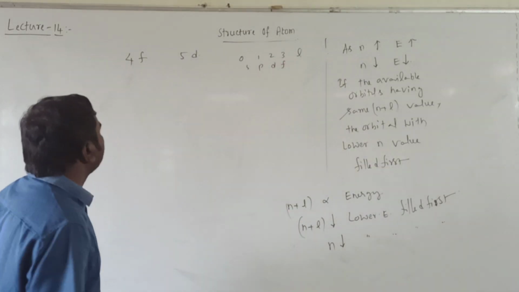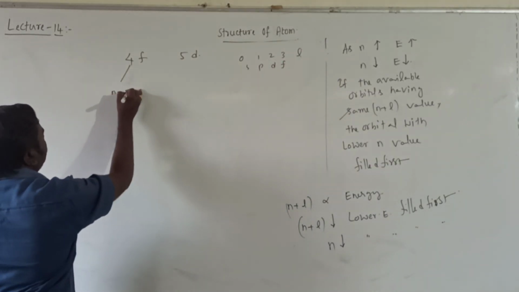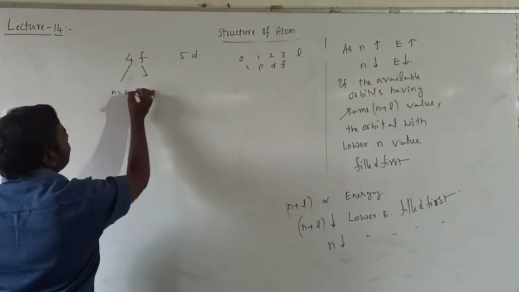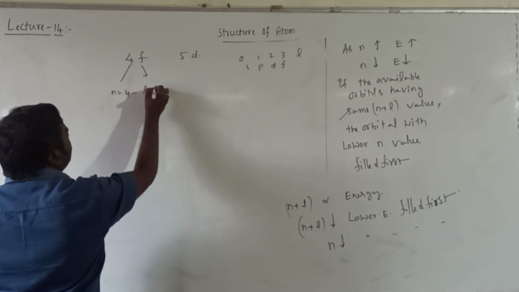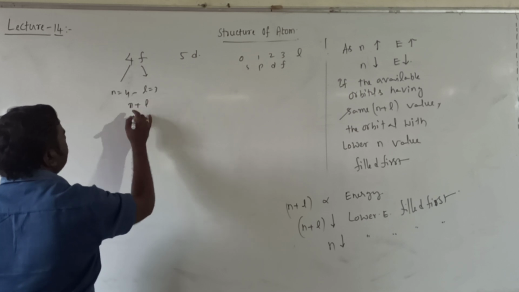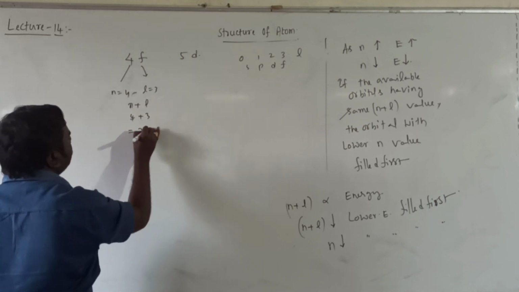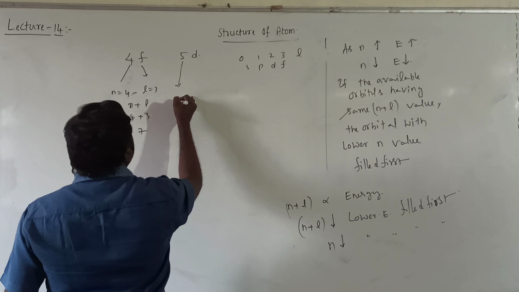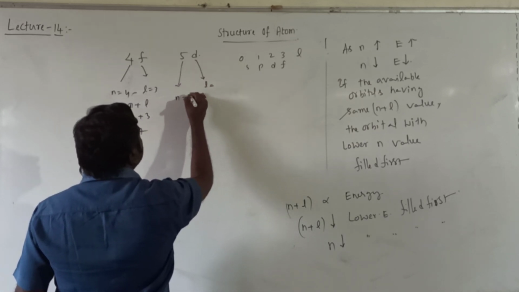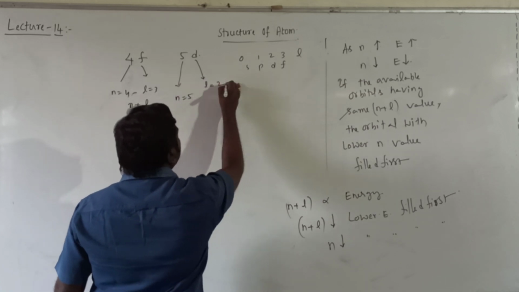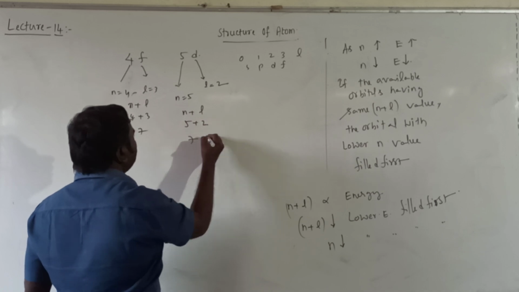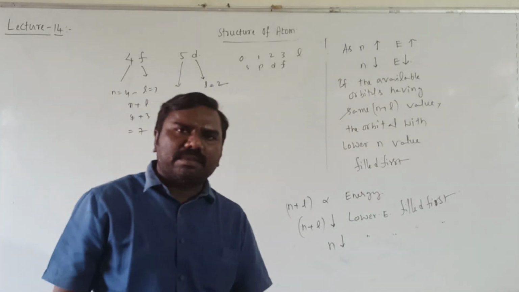Remember, n is 4. l for f orbital is 3. n plus l is 4 plus 3, that is 7. For 5d, n value is 5, l value for d is 2. So n plus l is 5 plus 2, that is equal to 7. Both are having 7 only.